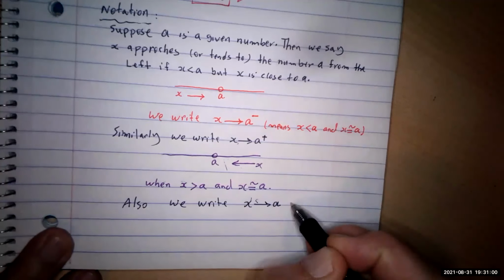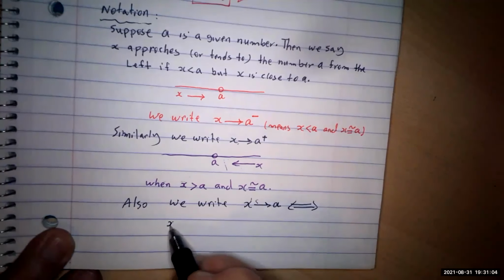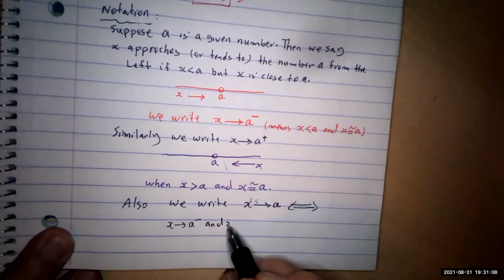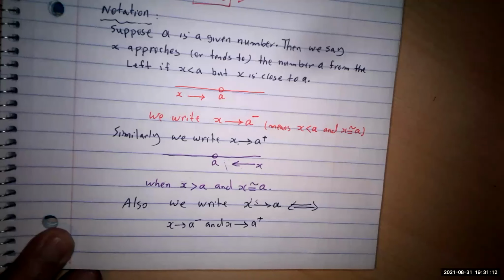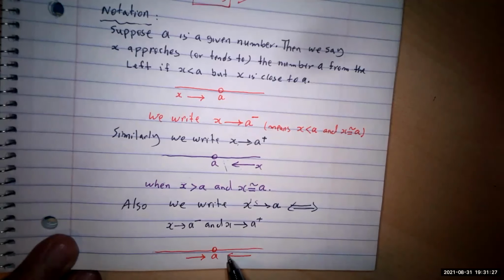This is the case if and only if x goes to a negative and x goes to a positive. This is the number a. We don't care about a, that's why I make a hole here. So this means going towards a from the left or going towards a from the right.